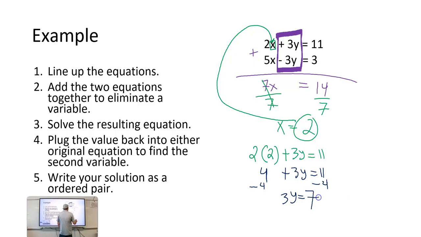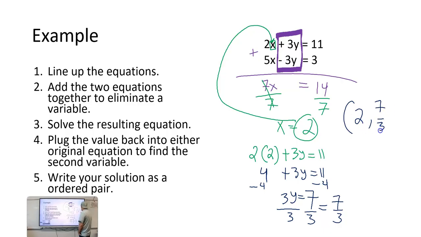I had a brain fart there. And then divide both sides by 3, and y equals 7/3, or if you want to write it as a decimal, it would be 2.3333. So I'm okay writing it either way. So in ordered pair, x is 2, y is 7/3, and that is the solution to that system of equations. Or if I were to graph those, that's where they would cross, at 2 and 7/3.